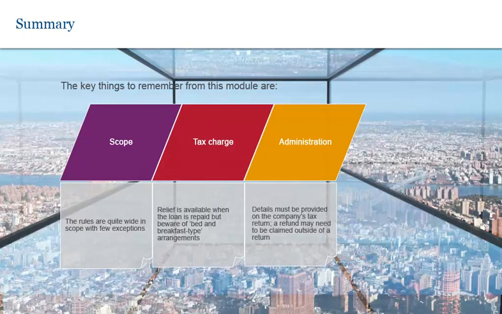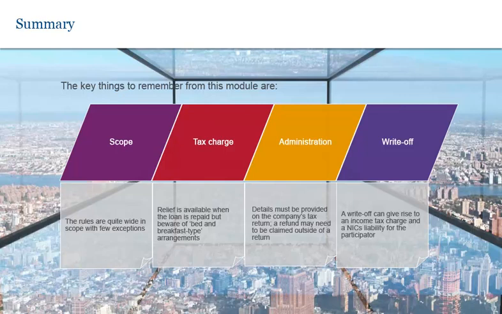Thirdly, the tax is payable through the company's tax return using pages CT 600A. Where a refund of tax is due, this must be claimed. And finally, there are a number of consequences of writing off a loan for the company and for the participator. In particular, the participator is deemed to have received a dividend equal to the amount written off.